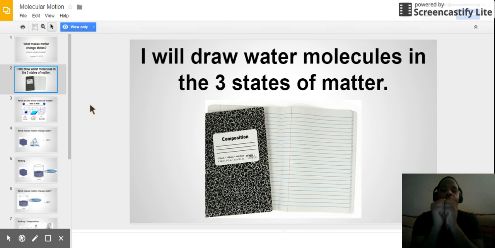These are called solids. Solids are my book, my belt buckle, and this nice box. Solids hold their state, they don't change.